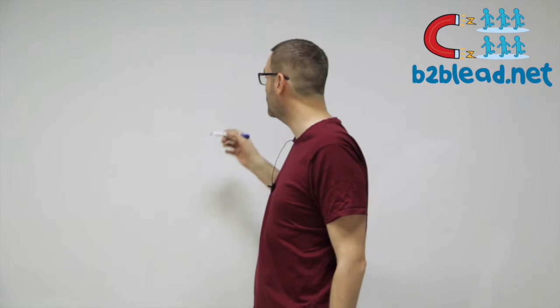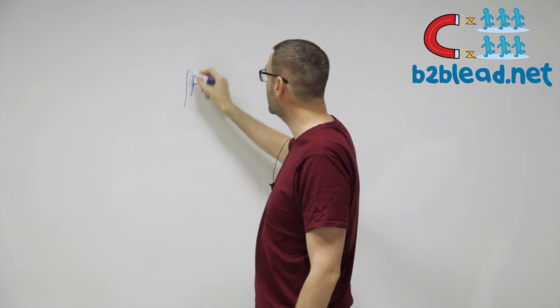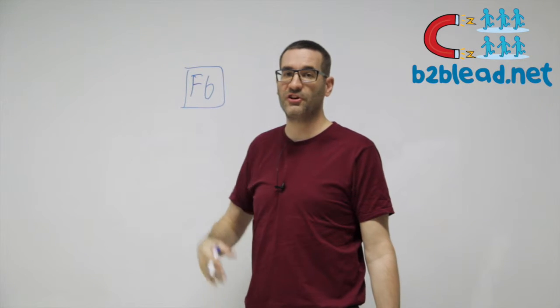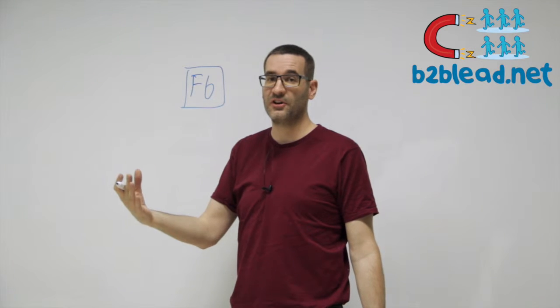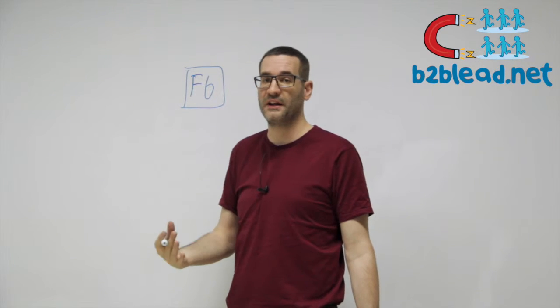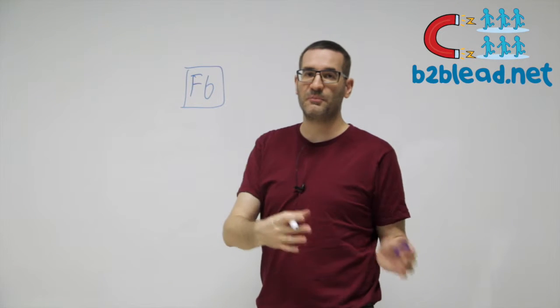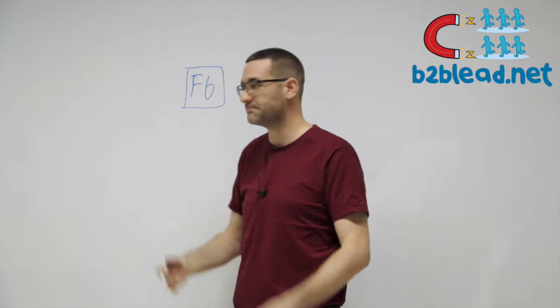So the first thing you want to do is create yourself a Facebook page. Create yourself a Facebook page as a public figure, as your brand, however you want to do it. You might have your separate page and your Facebook business page.